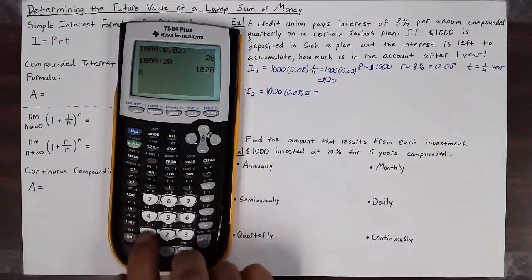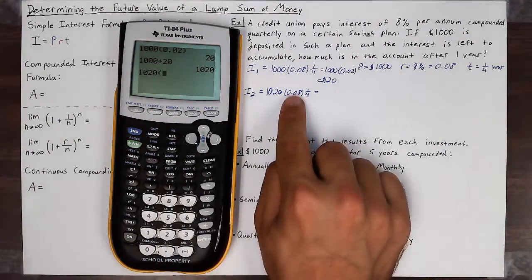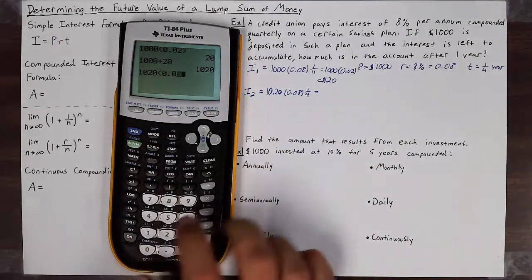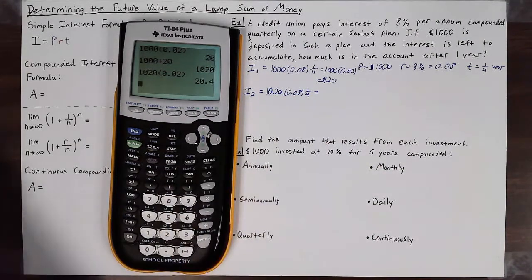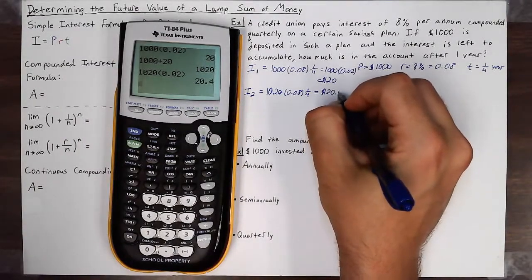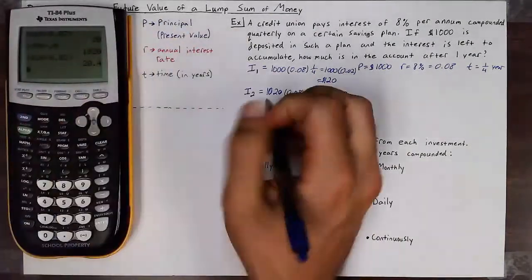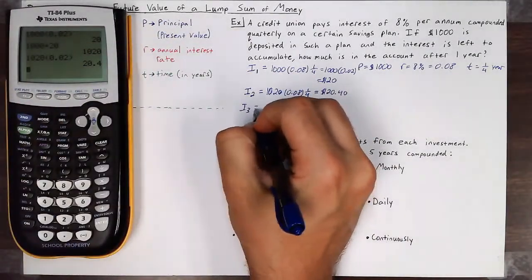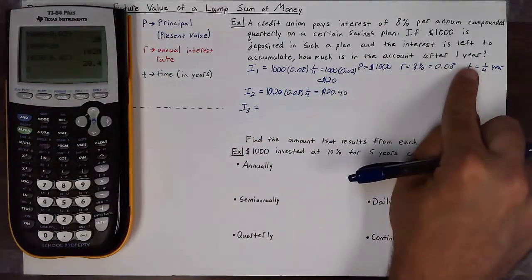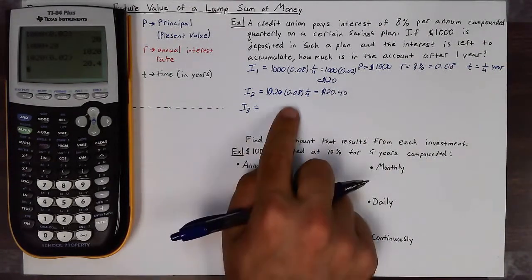So that will be $1,020 times 1/4 of 0.08, which is 0.02. And that gives me an interest of $20.40, which I'll add on to that principal to do my third quarter. I'm going to keep this up through all 4 quarters, and then I'll see how much money is in the account after 1 year has passed.